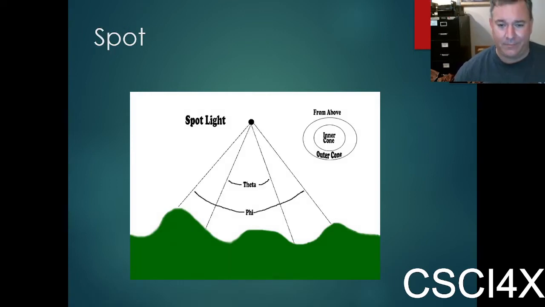Okay, so spotlight. I don't know if I've shown you the inner cone and outer cone, but they actually have this in Unreal Engine. I think that by default, when you put a spotlight into Unreal Engine, it's just a single cone. But there's actually an inner cone that you can set, so you can have an area that's bright, and then a dim light, and then nothing, right?